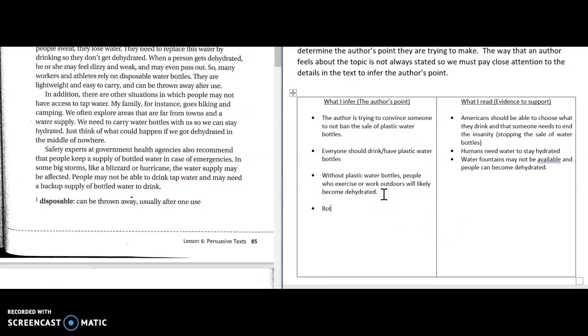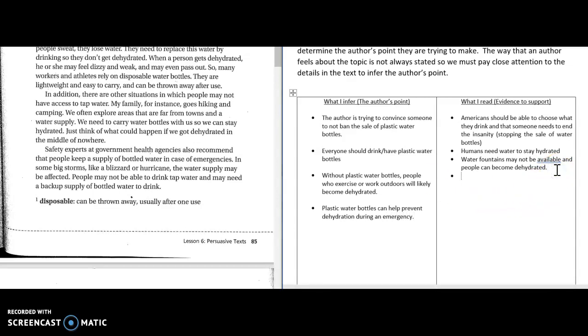So what I'm inferring is that plastic water bottles can help people, let's say, prevent dehydration during an emergency.